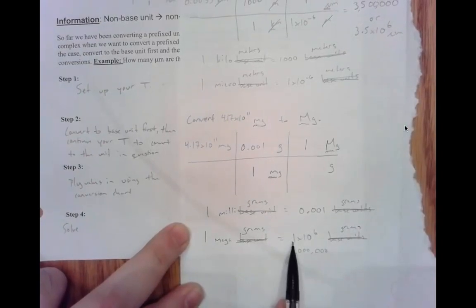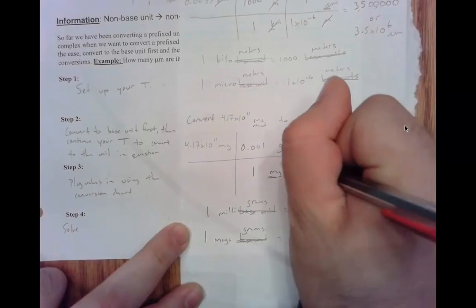The table also says a million, so you can write a million if you want. However, I tend to use scientific notation because it's easier to write and you won't accidentally forget to write down a 0 when you're transcribing it over. Now we can plug in the base units. The base unit in this problem is still grams. Now we plug those numbers in. It tells us 1 megagram is equal to 1 times 10 to the 6 grams.